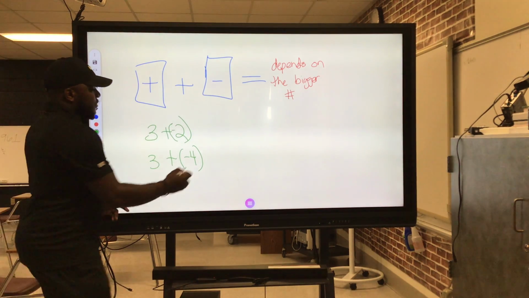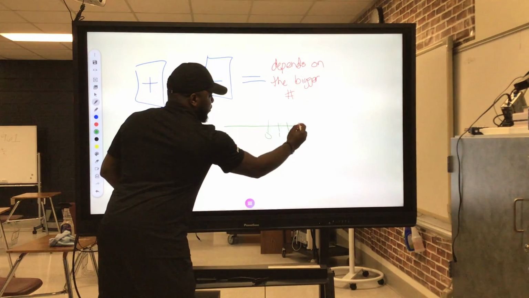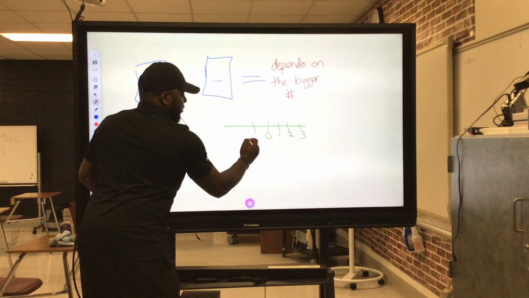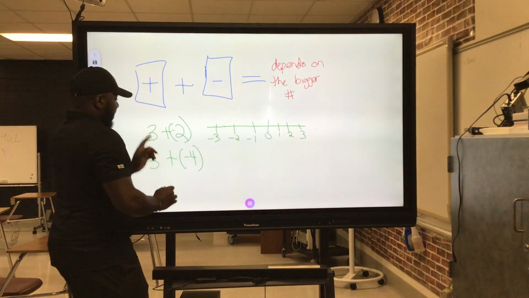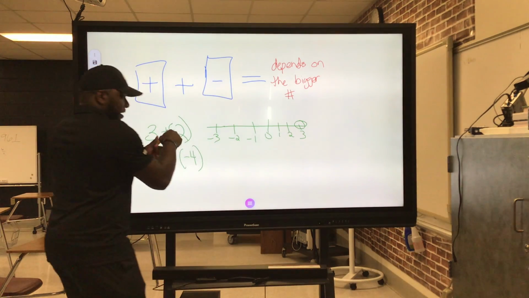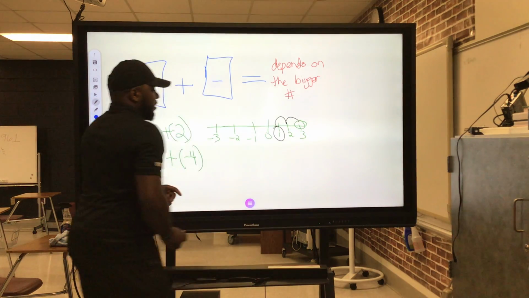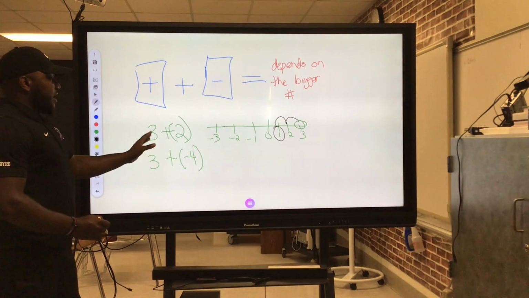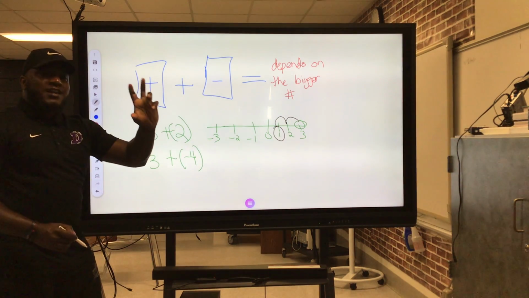But 3 plus negative 2: if I'm at 0, 1, 2, 3, negative 1, negative 2, negative 3, I start at positive 3, and I move 2 places to the left because it's a negative, that's 1, 2. I'm at positive 1. So when your bigger number is a positive, when you're doing a positive plus a negative, your answer will come out to be a positive.